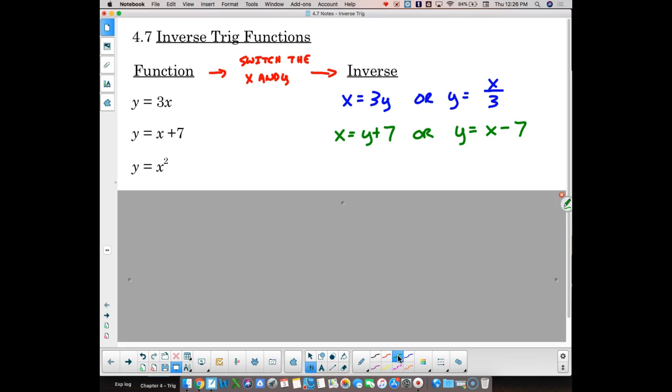It gets a little trickier when we get into more complex ones, but again, the process stays the same. If I've got y equals x squared, then that becomes x equals y squared, or y equals plus or minus the square root of x.